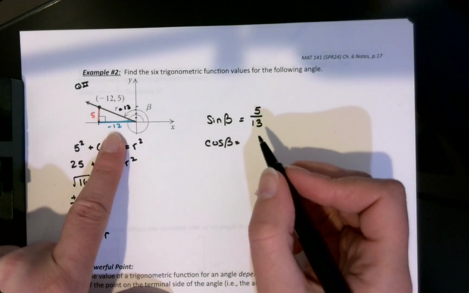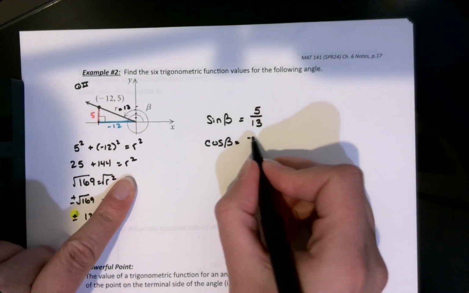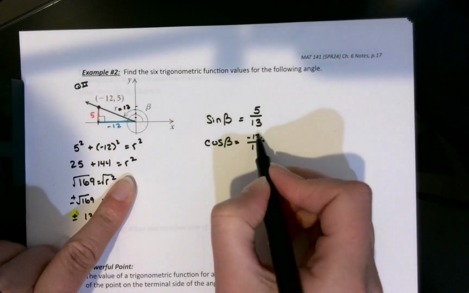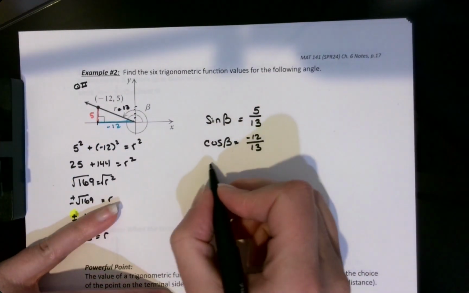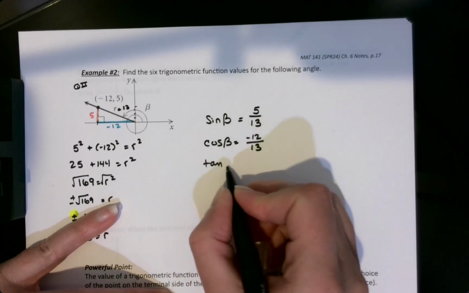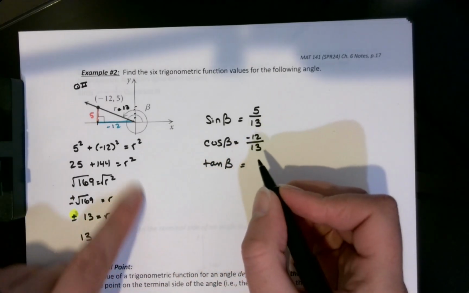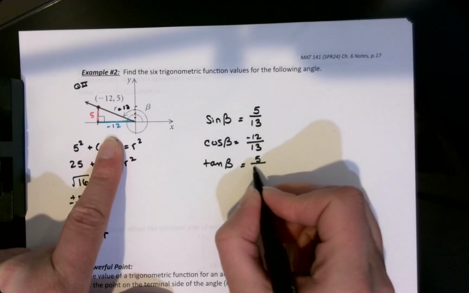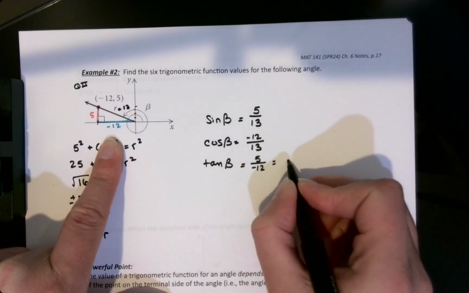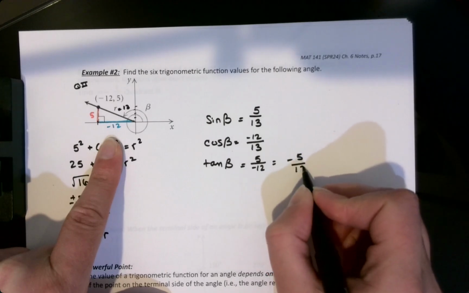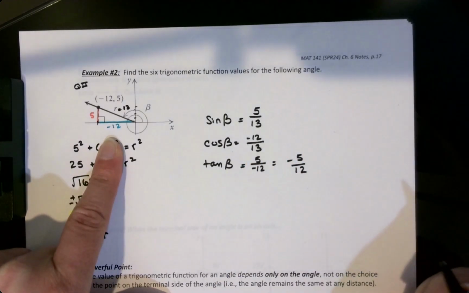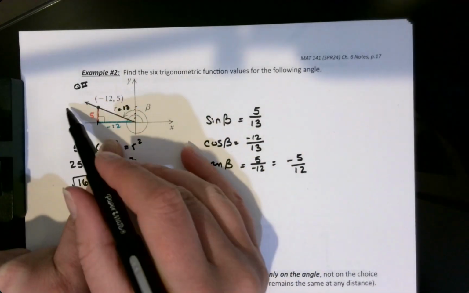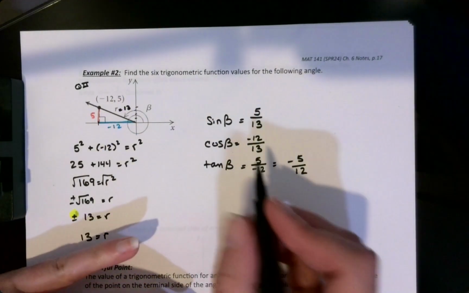So adjacent over hypotenuse, that's going to be our negative 12 over 13, or our x coordinate over our r value. We want the tangent of beta. That's going to be opposite over adjacent. So it's going to be 5 over negative 12, which simplifies to negative 5/12. We just can't leave a negative in the denominator. It can be out front or on top. And again, that is the y-coordinate divided by the x-coordinate.